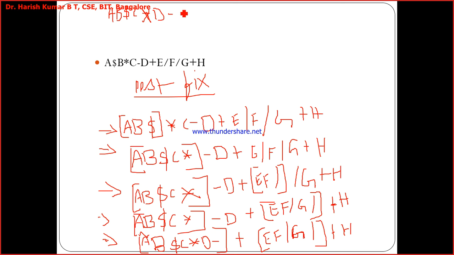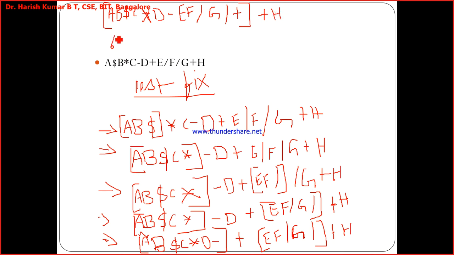Okay, now what? EF. I've written this first operand. Now I'll write the second operand and plus will come before that. After that, EF slash G slash. Okay, so now plus. This whole thing is one operand now, and then you add plus H.